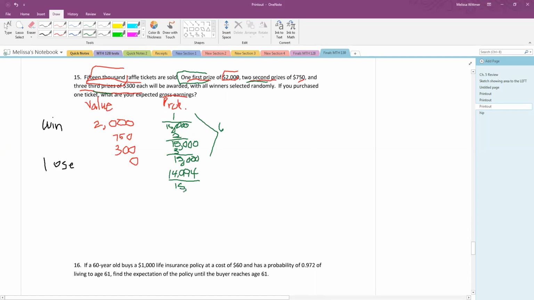So even though this expected value question doesn't have a cost to play, the loss is $0, we still set up the probabilities so that the sum of the probabilities is 1. 15,000 on top, 15,000 on the bottom. If you add the top, you get 15,000. Now we multiply straight across, multiply the value by its probability. So 2,000 times 1 divided by 15,000. The decimal is 0.133.